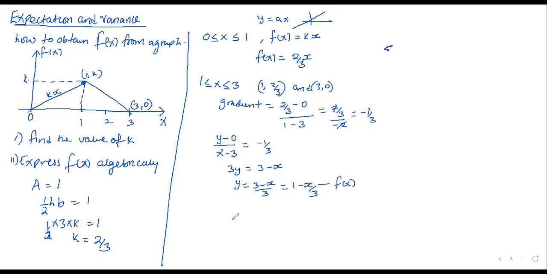So therefore, the expression of f of x would become: the first part was 2 over 3 x, between 0 less than or equal to x less than or equal to 1. Then 1 minus x over 3 between 1 less than or equal to x less than or equal to 3. Then it is 0 elsewhere.